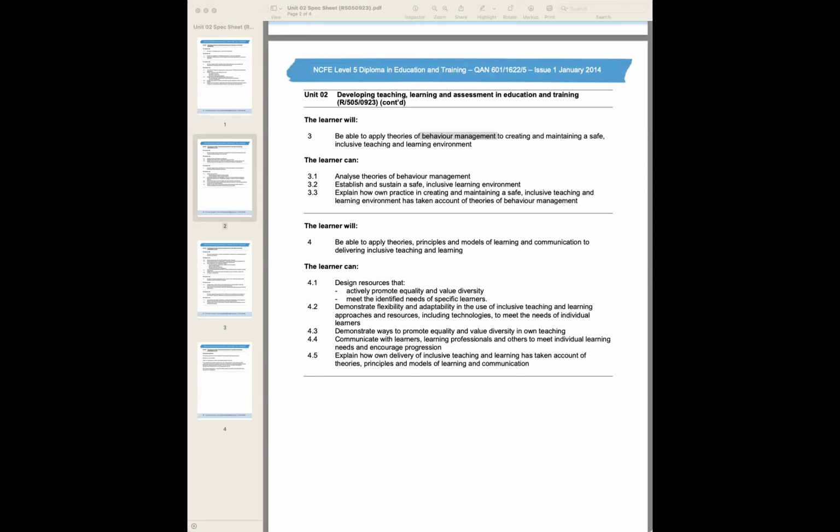So when we talk about behavior management in general, and we look at some of the theories related to what we study in human relations, not specifically for teaching, these behavioral management theories come from theories and work which has been carried out in understanding human relations.